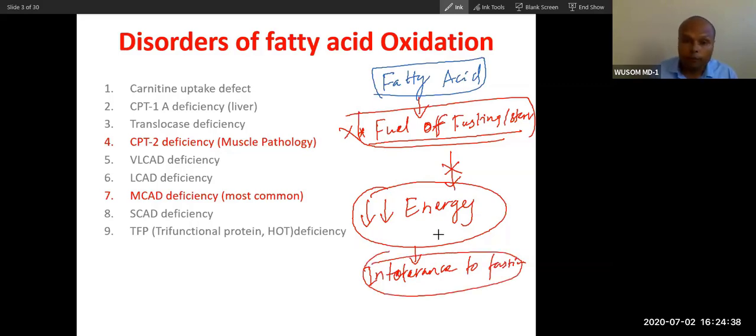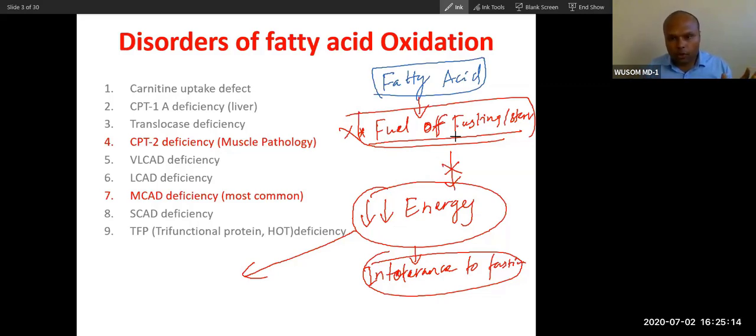Peripheral tissues are involved very much, and also the central nervous system. High energy requiring tissues will be involved, because when there is no fatty acid oxidation, all tissues try to oxidize carbohydrate. Then ultimately the brain will also have deficiency of carbohydrate, because the carbohydrate that is supposed to be used by the brain will be utilized by other peripheral tissue. And that is why the brain will also have a scarcity of this fuel.